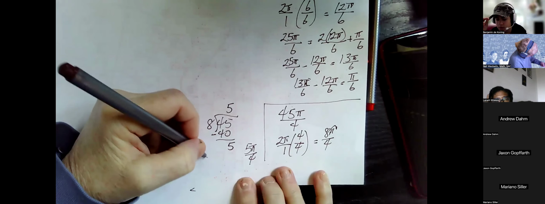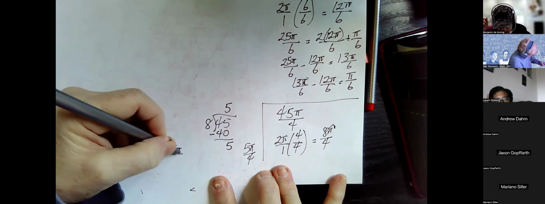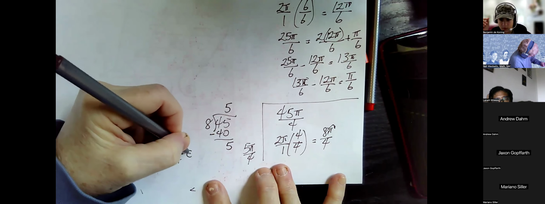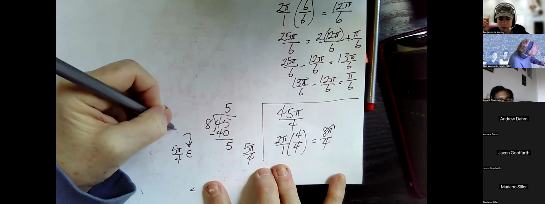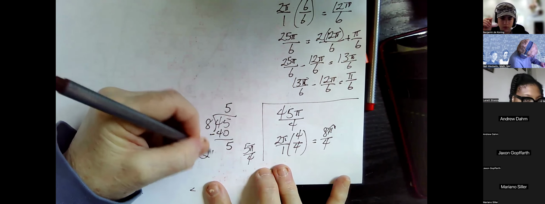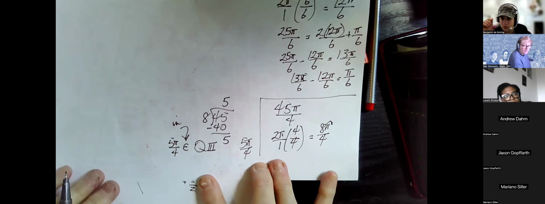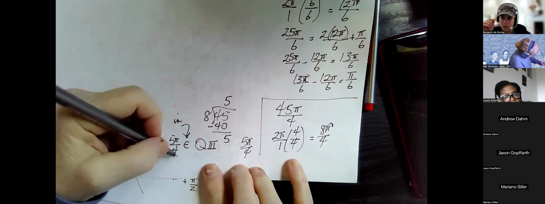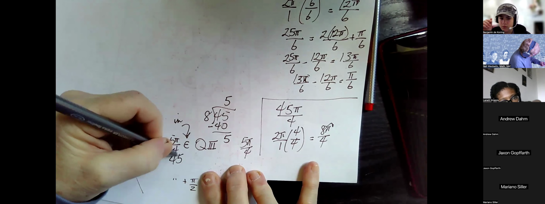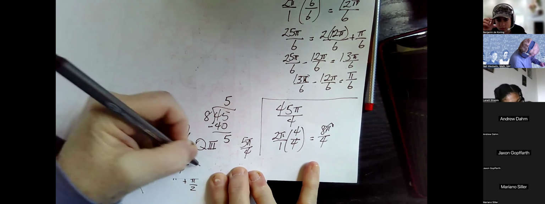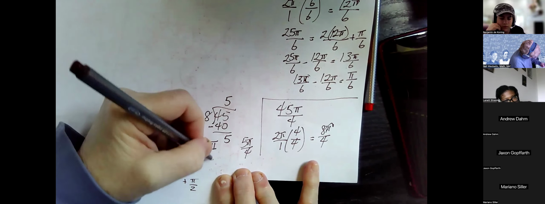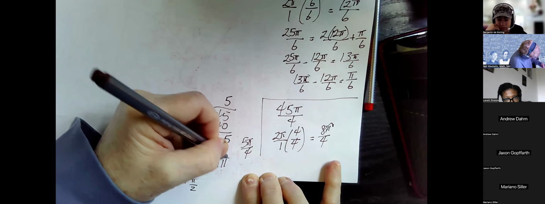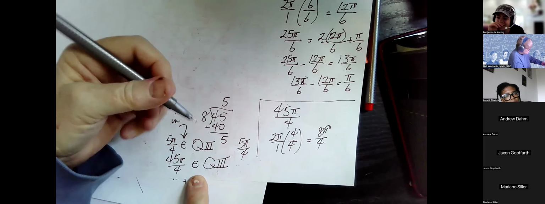Good. So 5 pi over 4 is in quadrant 3. And that means that 45 pi over 4 is also in quadrant 3. And this symbol is an epsilon.